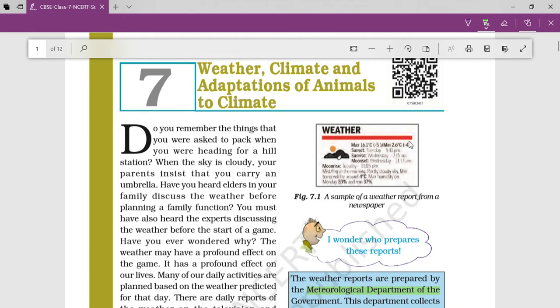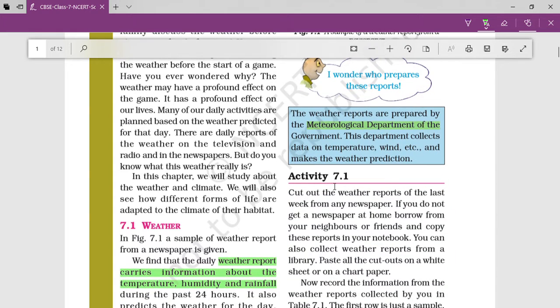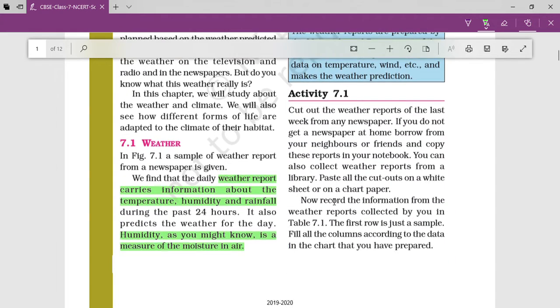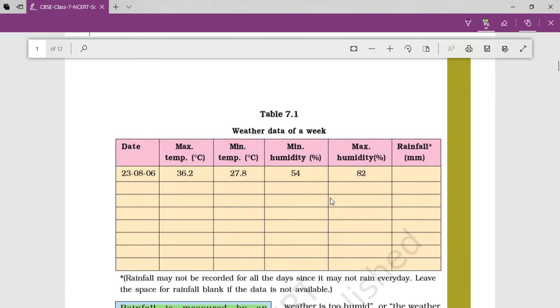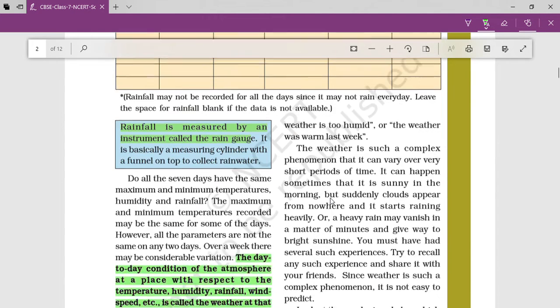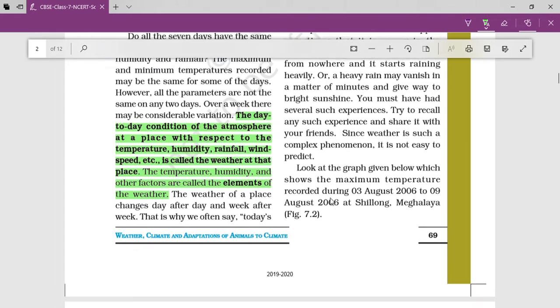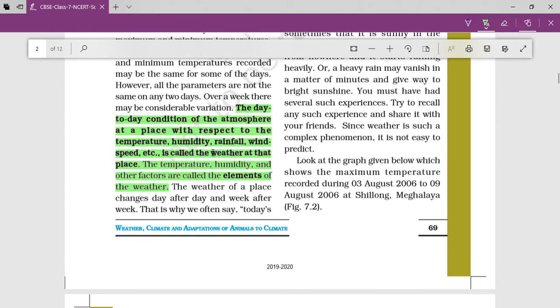So, this is a sample of a weather report from a newspaper. So now we will be discussing the elements of weather.